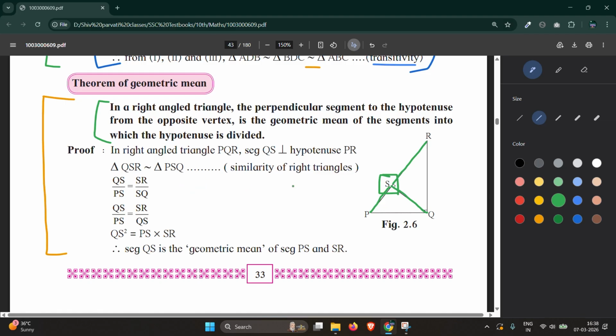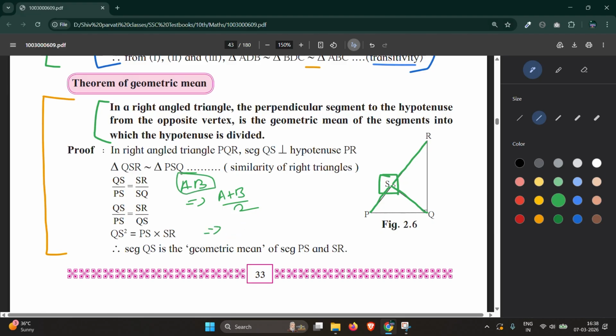So you are familiar with an algebraic mean, right? If we have two values, let us say A and B, the algebraic mean for that would be just A plus B divided by 2, right? The geometric mean, however, we find using the product.